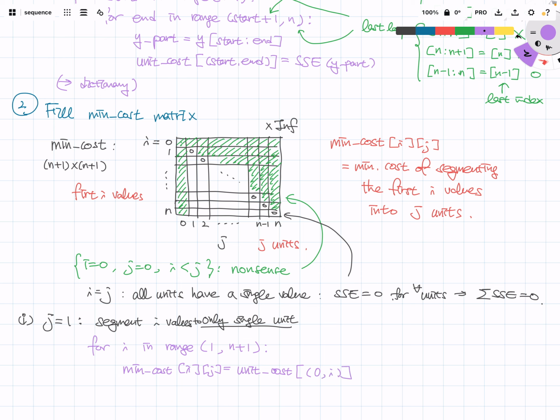Yeah? Because a single unit contains from 0 to i values. So i values. And we need n plus 1 because max i should be n.